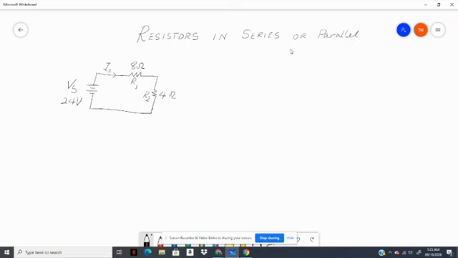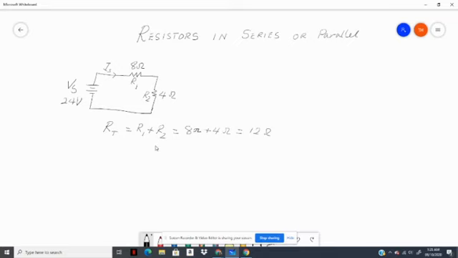So we write down the total resistance, and we say that the total resistance R subscript T is equal to, in this case, R1 plus R2, which is equal to 8 ohms plus 4 ohms, which is equal to 12 ohms. Okay, so the total resistance of the circuit is 12 ohms.